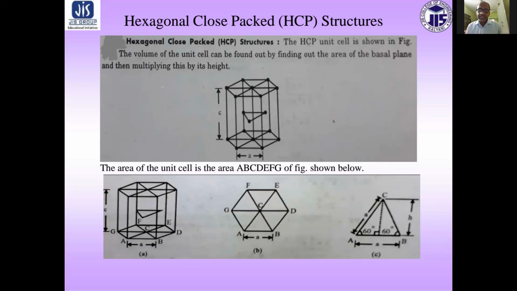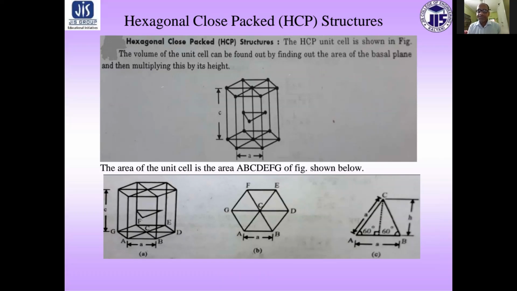As we can see from the figure, the volume of the unit cell for a hexagonal close packed structure is found by the area of the basal plane multiplied by the total height of the unit cell.